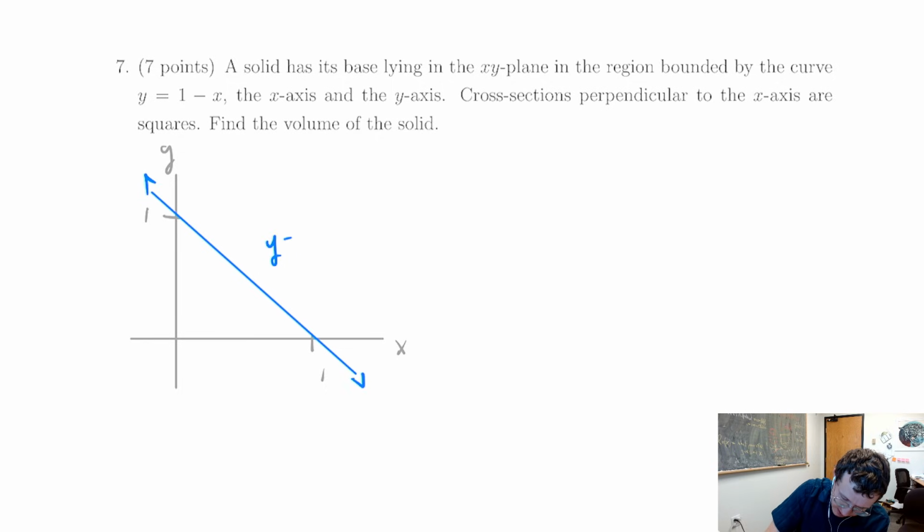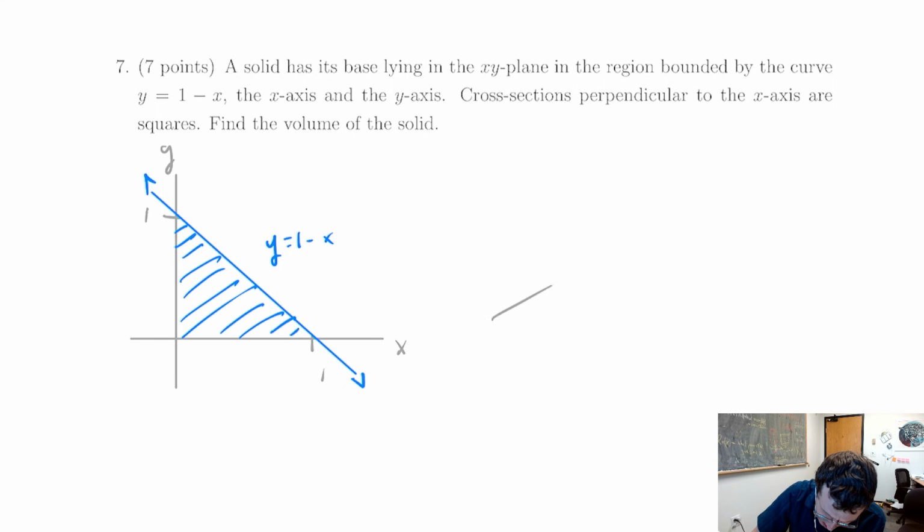y equals 1 minus x looks like this. It goes through 0, 1, and 1, 0. So the region is just a triangle. Cross sections perpendicular to the x-axis are squares.